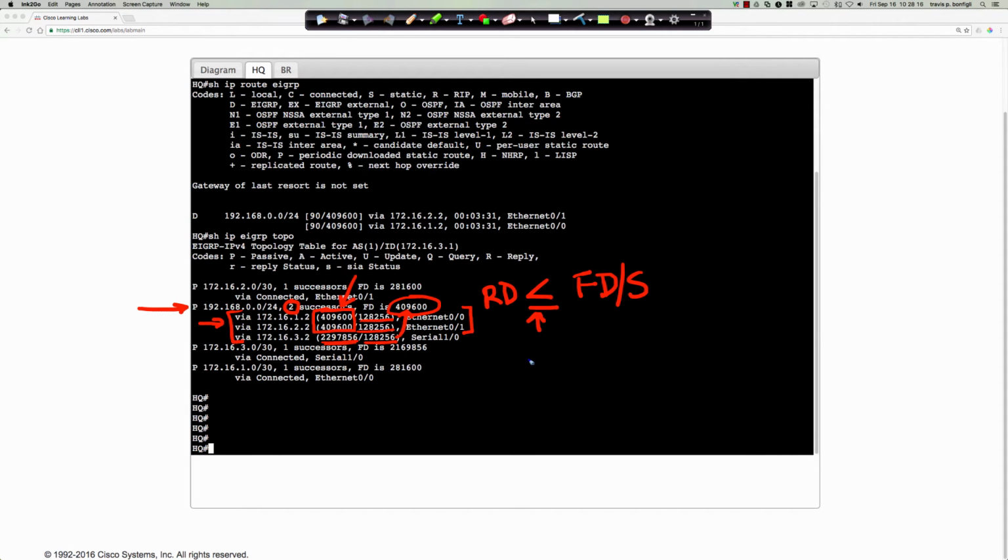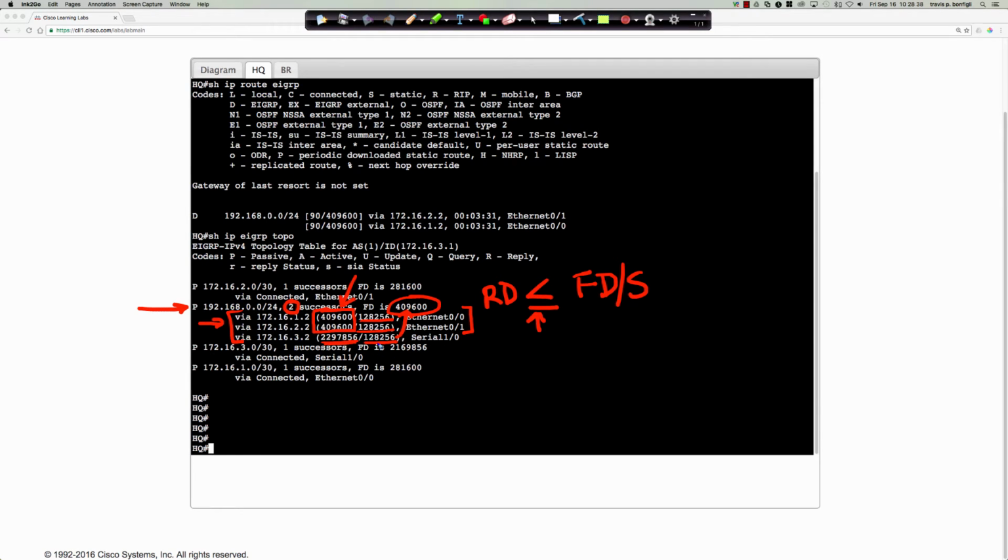It cannot be less than or equal to, because the Diffusing Update Algorithm, DUAL, which is what is performing the computations for EIGRP, states that mathematically it can provide guaranteed loop freedom.